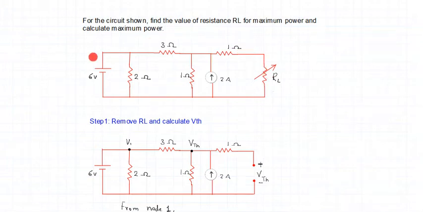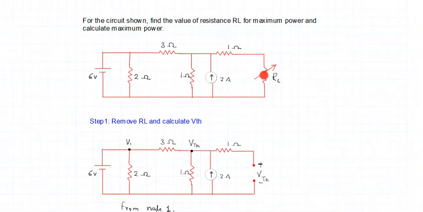This network, which comprises certain sources and resistive elements, should provide maximum power to this load.